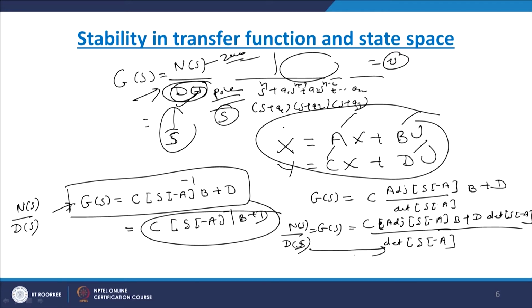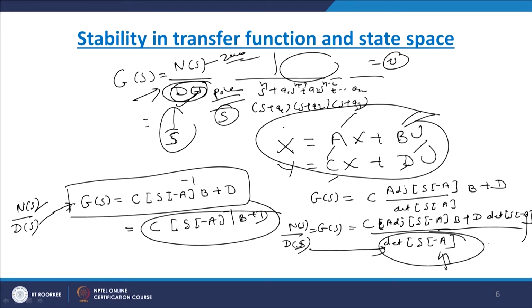Therefore, the roots of D(s) are the poles, whereas in state space it becomes the determinant of (sI minus A). Whenever we check the stability of the system, we only take care of the A matrix; we never bother about the B, C and D matrices, as far as stability is concerned. D(s) is equivalent to determinant of (sI minus A).